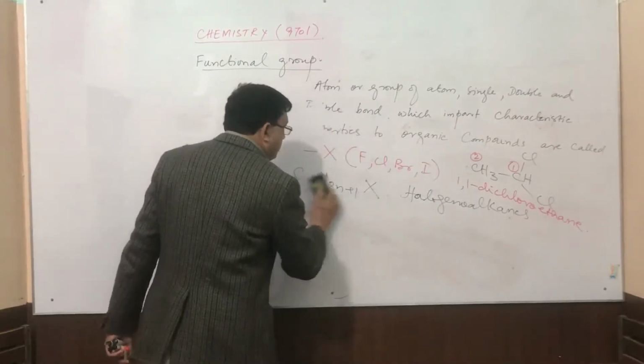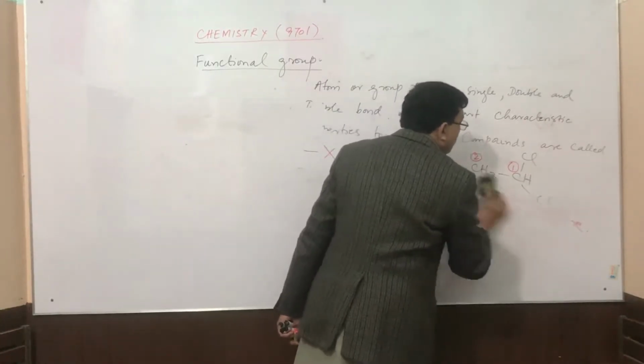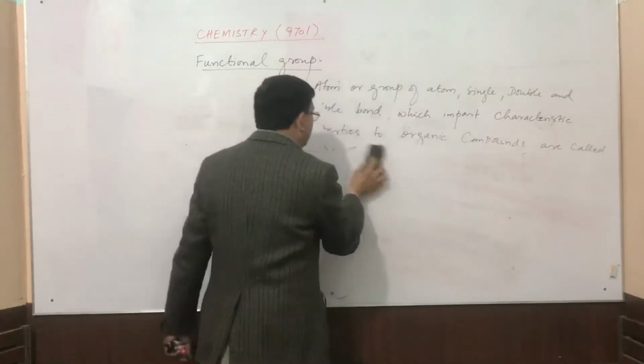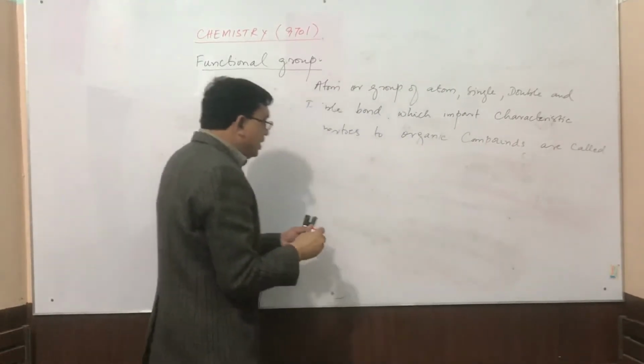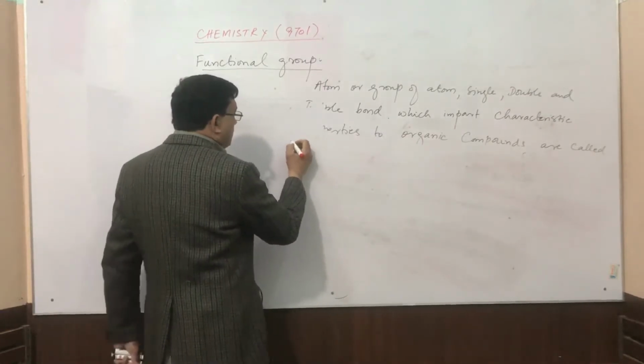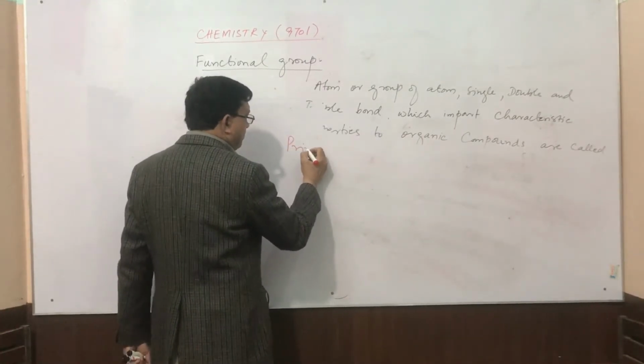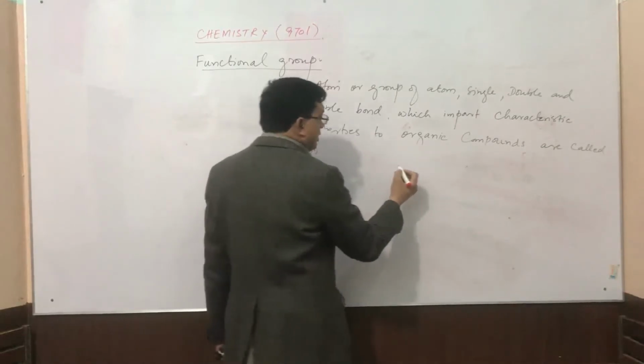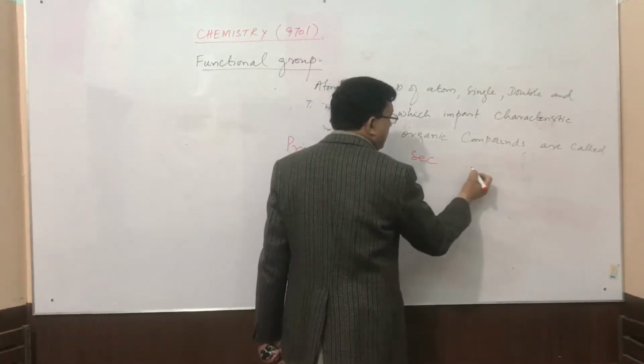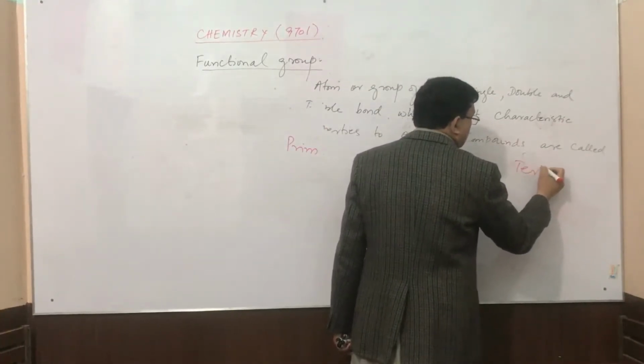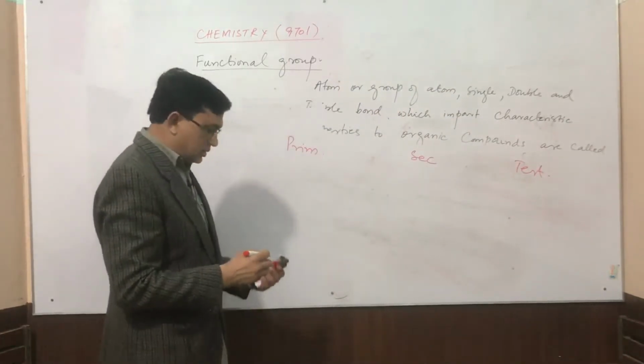On the basis of the carbon bonded with other carbon atom, these halogenoalkanes are of 3 types. One is called as a primary halogenoalkane, second is called as a secondary, and third is called as a tertiary halogenoalkane.